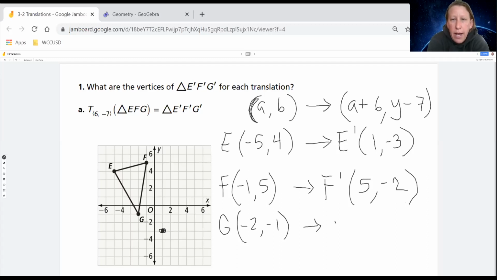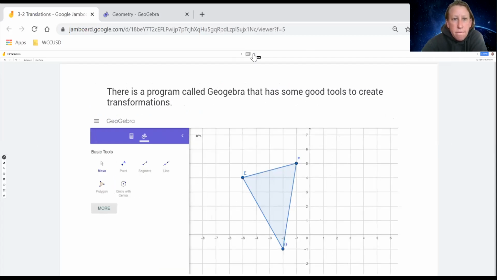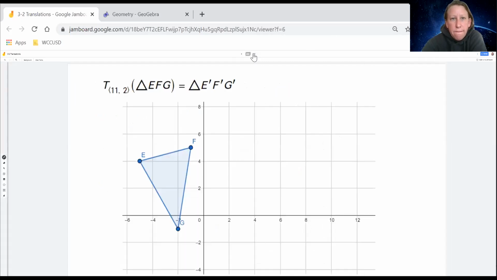And I'm going to add 6 to -2, and I get 4. And I'm going to do -1 minus 7. I'm going to get -8. So this is the change left and right, and this is the up and down. So adding 6, taking away 7. And I just already showed you this.